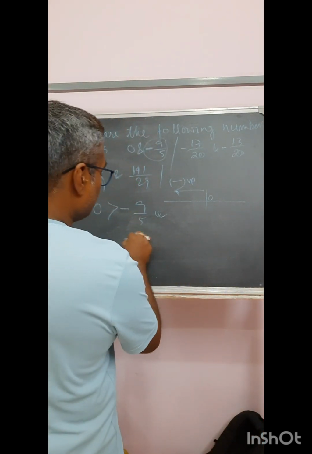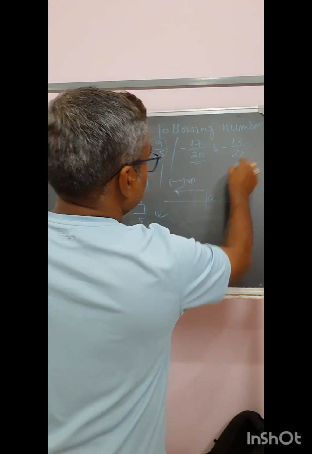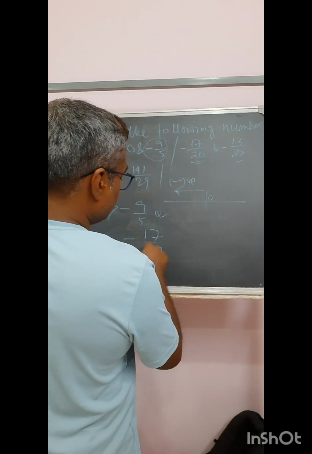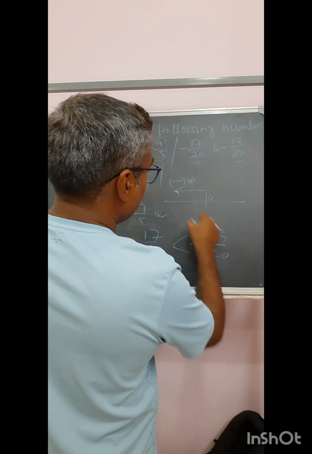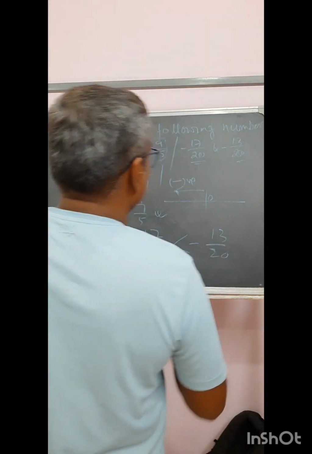Here the denominator is the same, so it would not be a disturbance for the comparison. So minus 17 by 20 is lesser than minus 13 by 20, because minus 17 is coming further left of minus 13.